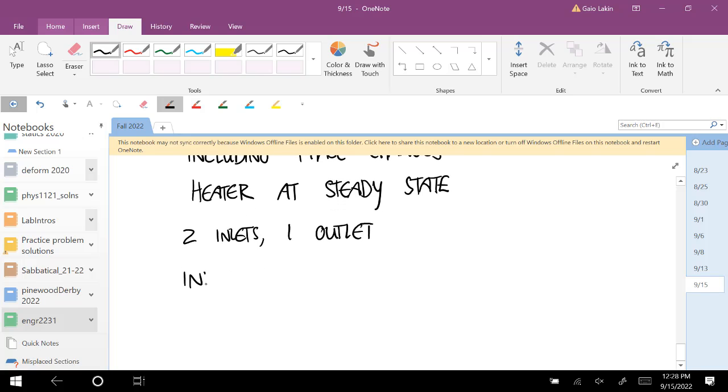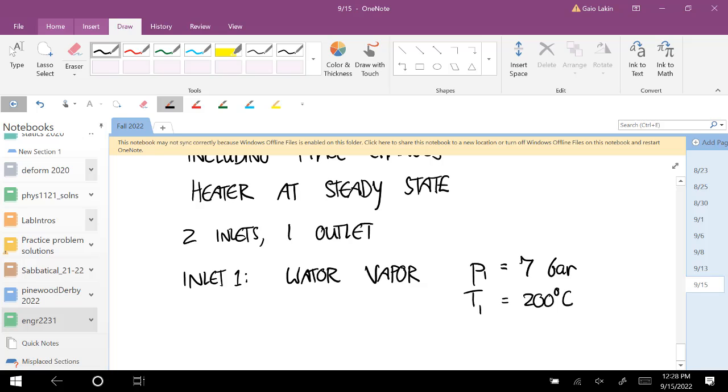At inlet 1, it's water vapor coming in. And it's at a pressure of 7 bar, a temperature of 200 degrees Celsius, and a mass flow rate that we know of 40 kilograms per second.